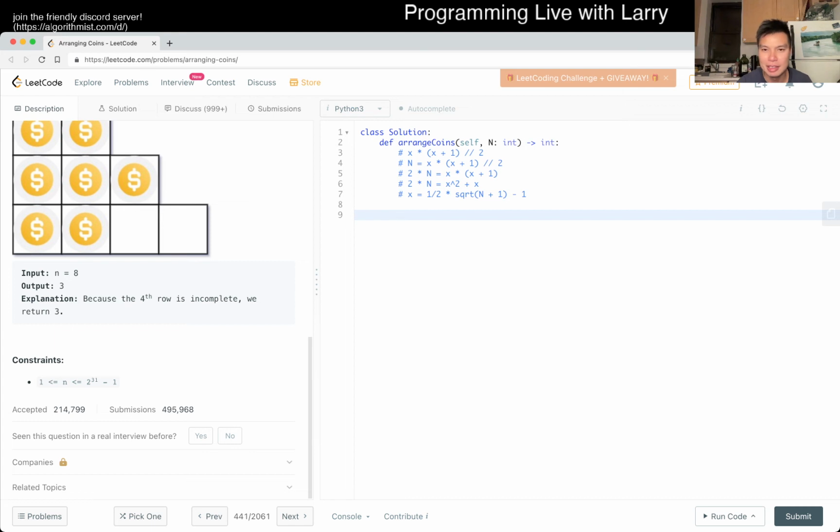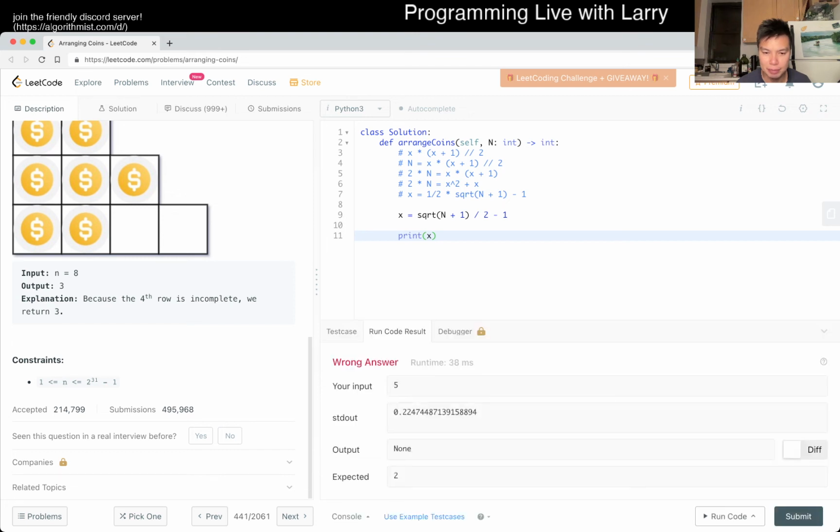So then here we can write x is equal to, let's just say, the square root of n plus 1, minus 1, times... Okay, so then now we have, let's see. Do we just round down here? I think we just round down is fine, right?